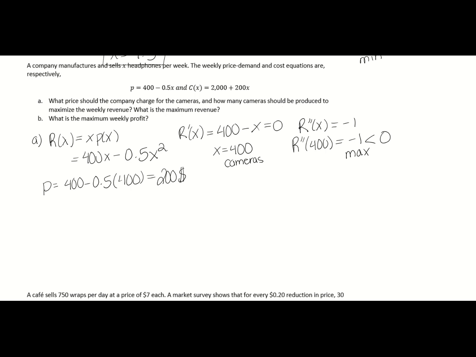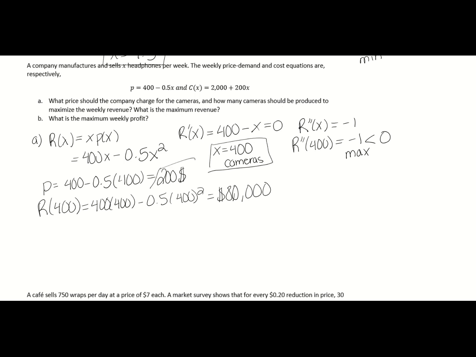And when I do that, my maximum revenue, R of 400, is going to give me 400 times 400 minus 0.5 times 400 squared, and that's going to give me $80,000. So I need to sell 400 cameras at $200 a piece to make a revenue of $80,000, my maximum revenue. Okay, part B.